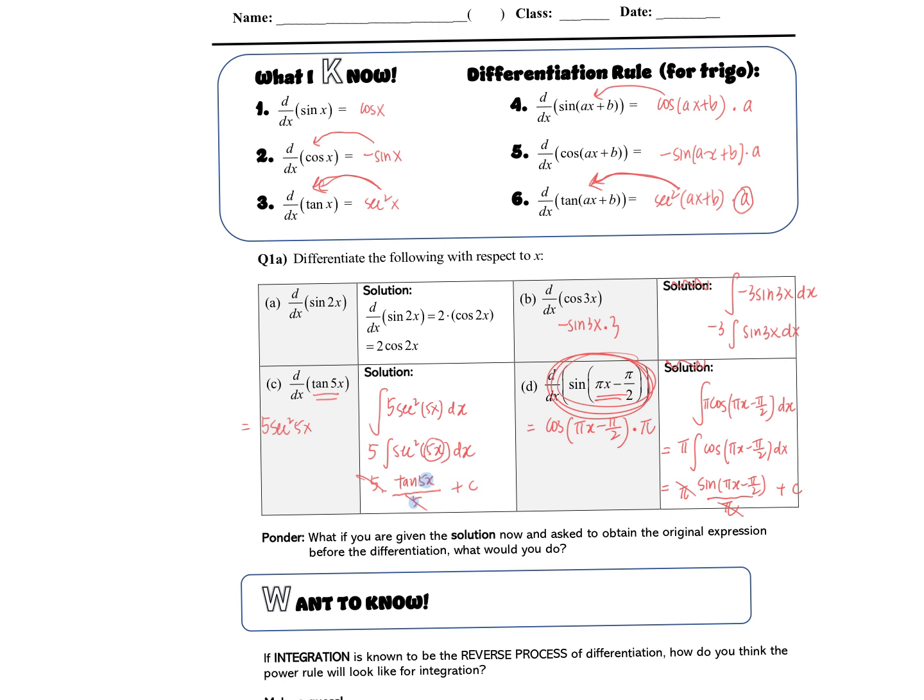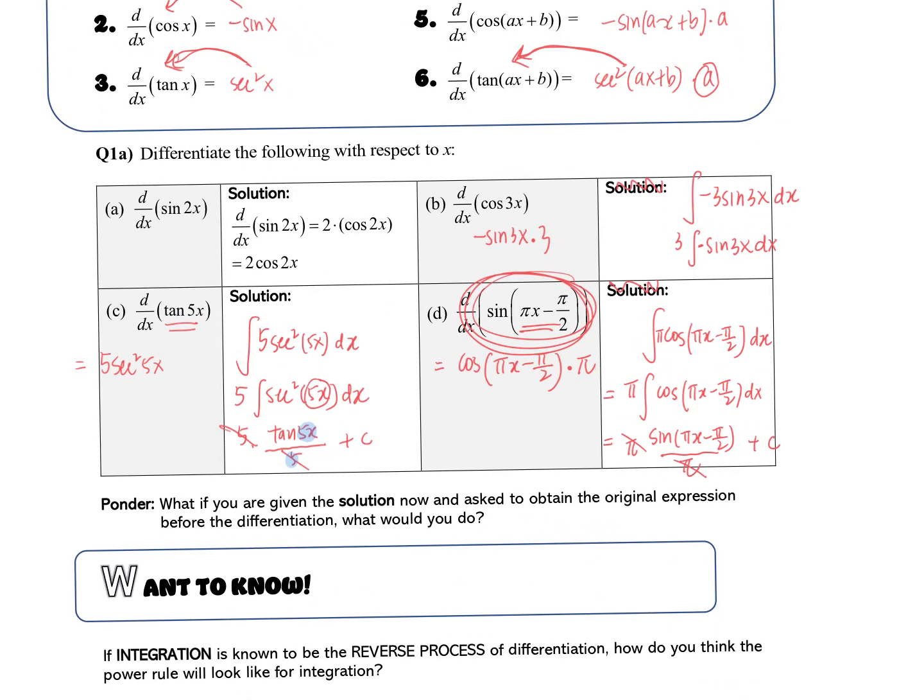But because it was minus, maybe we keep the minus inside and just take out the 3. So if you integrate minus sine, you get back cosine. But remember to divide by its differentiation. Then there's a 3 outside. Just plus c.